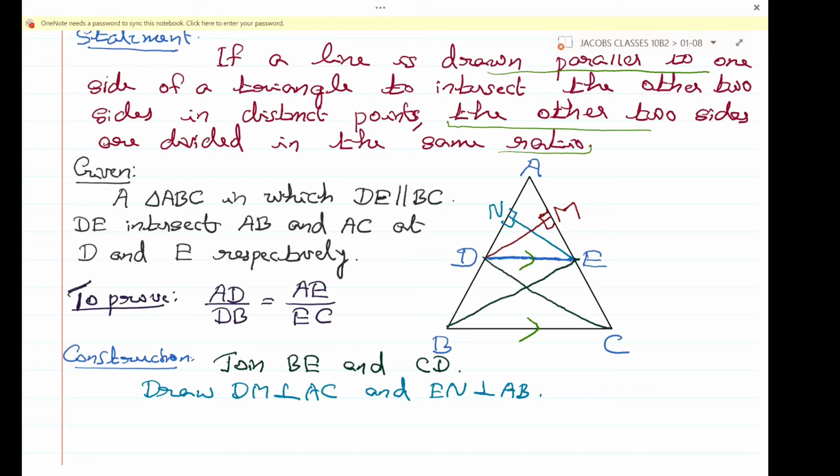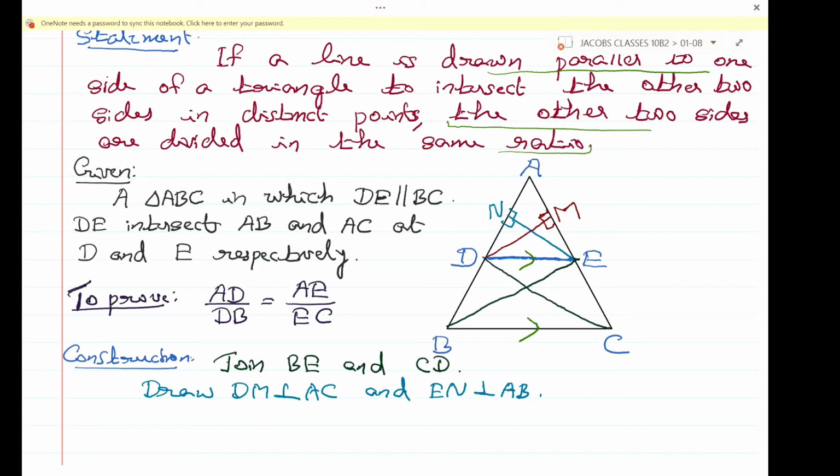Then we need to prove AD by DB is equal to AE by EC. Construction: join BE and CD. Then draw DM perpendicular to AC and EN perpendicular to AB.